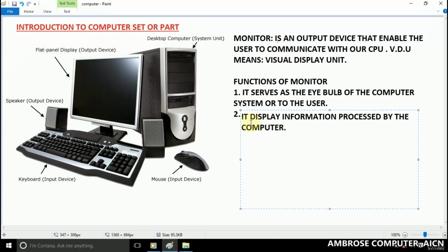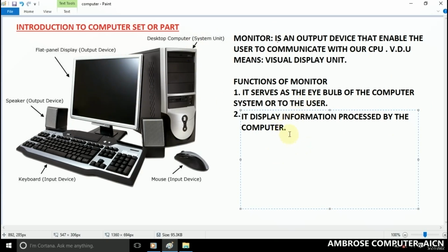So that's why I say it displays information processed by the computer. After the information has been processed, you display it. Just imagine we humans don't have our eyes. How do you think we can walk? With the help of our eyes, we know the direction that we are going. So this is the actual function of this monitor.